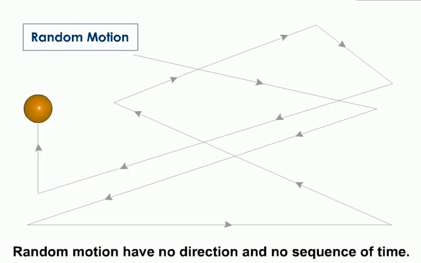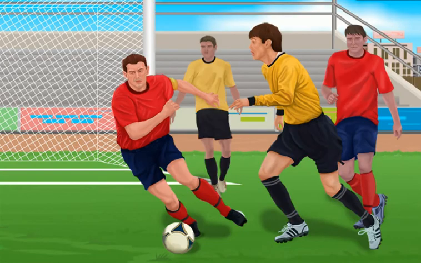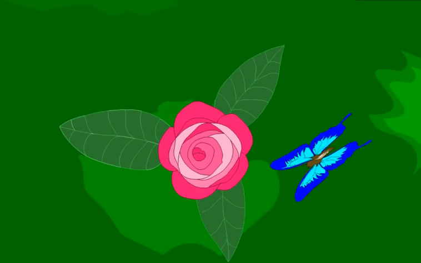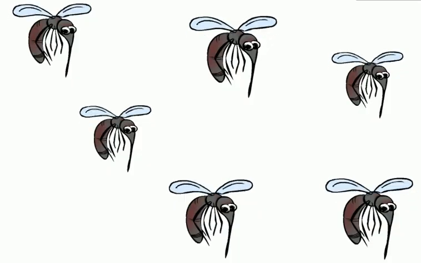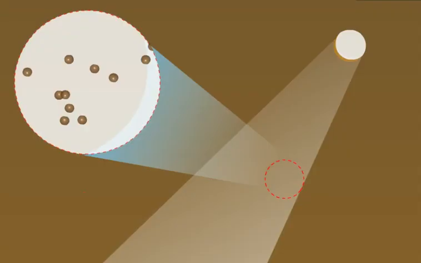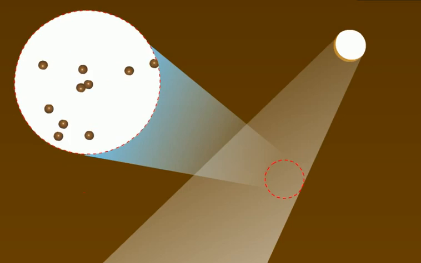Some examples of random motion are movement of a football player on the playground, movement of a butterfly round a flower, movement of housefly or mosquito, movement of dust particles, and so on.